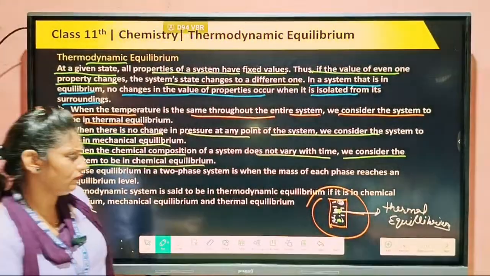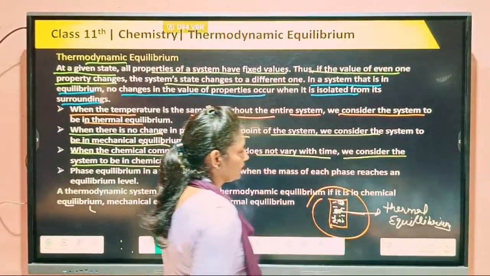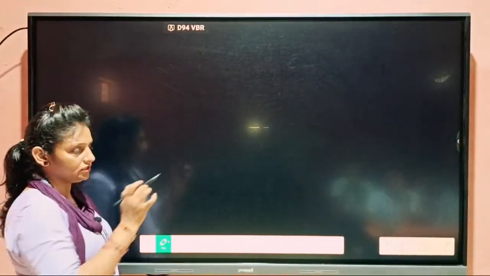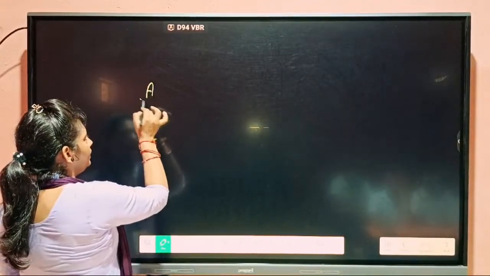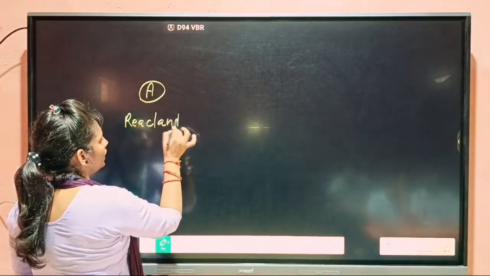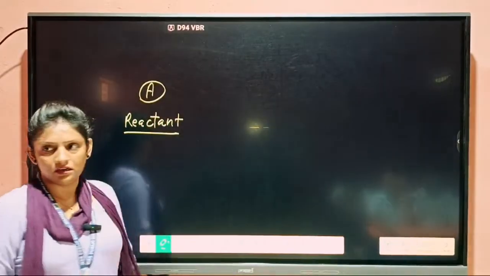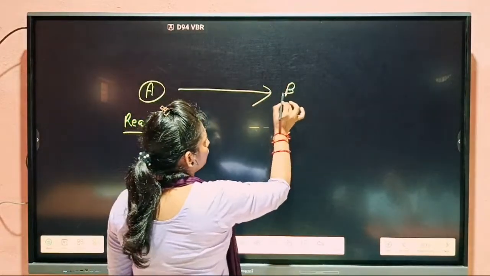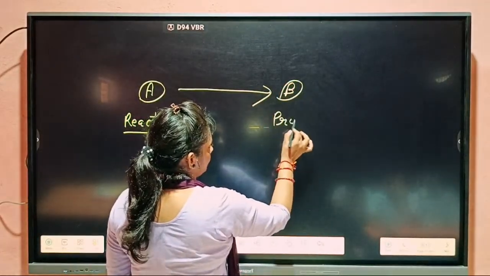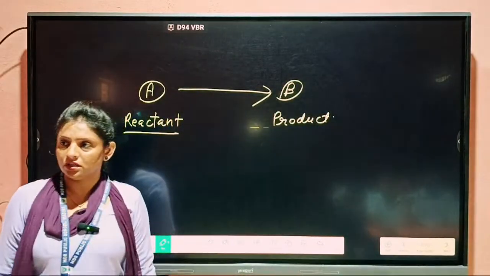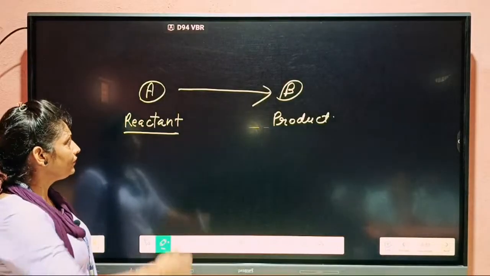For example, what happens if we do any reaction? Say we have reactant A, and with time it is going to convert into product B. Clear or not?